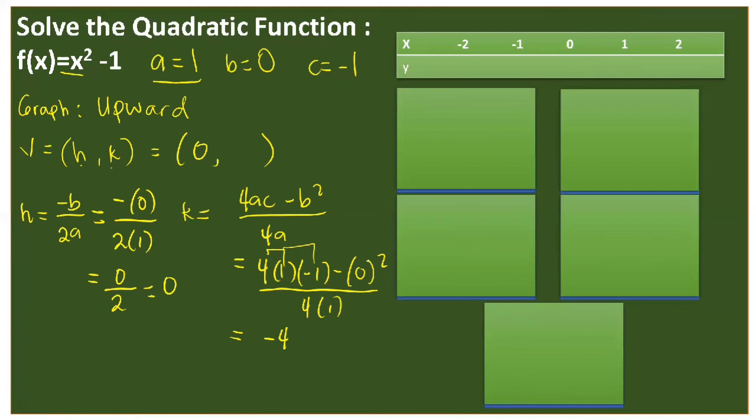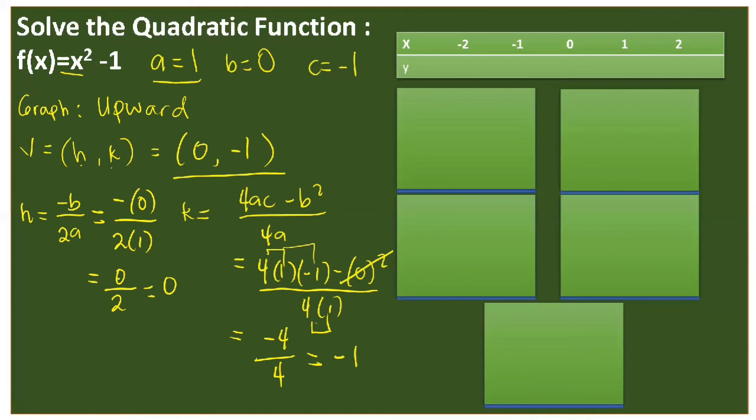Then 0 squared is 0, so we can cancel this one. Next, 4 multiplied by 1 is equal to positive 4. Simplifying negative 4 over 4, it is equal to negative 1. So therefore, our k is negative 1, and the vertex is (0, negative 1).